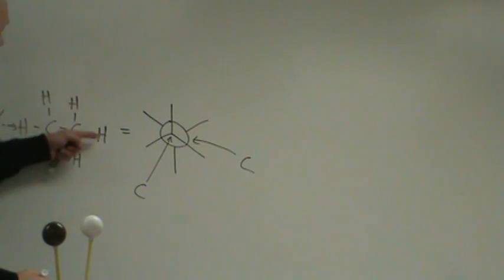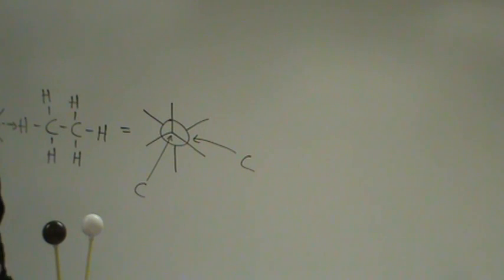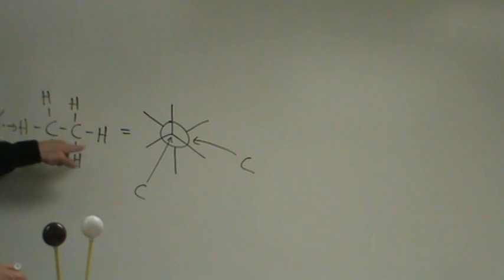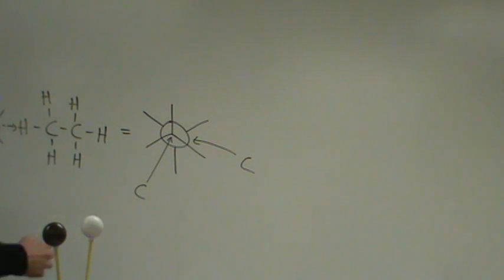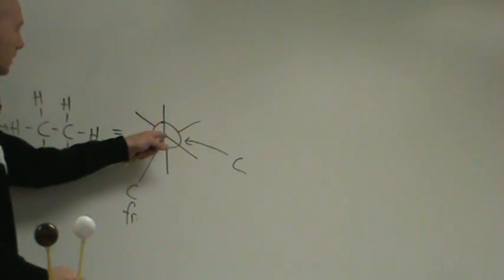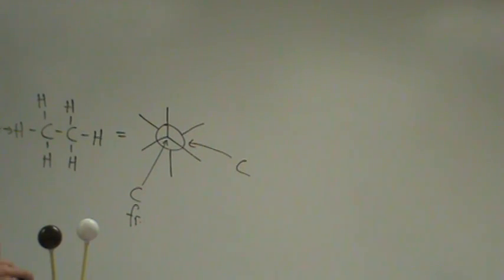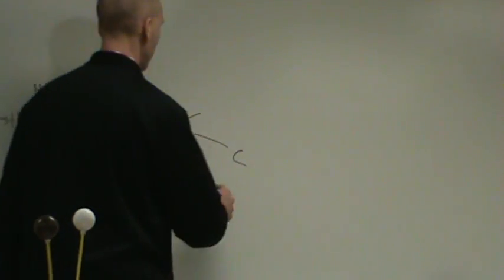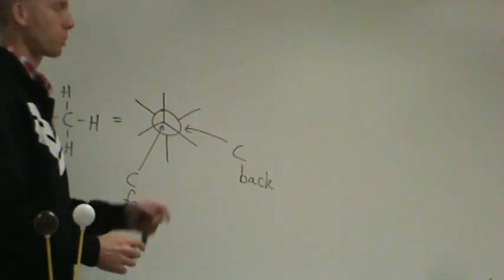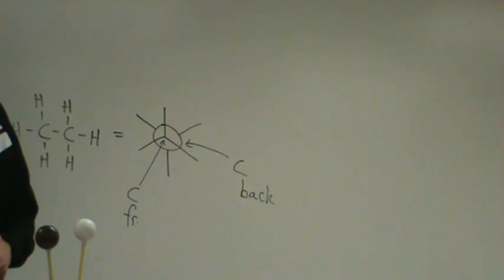We're looking down this carbon-carbon bond. And so you have a front carbon and you have a back carbon. The front carbon is that one there where the lines are, and the back carbon is always where the fat circle is.